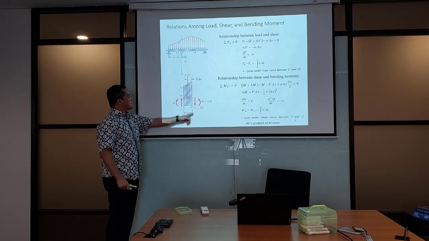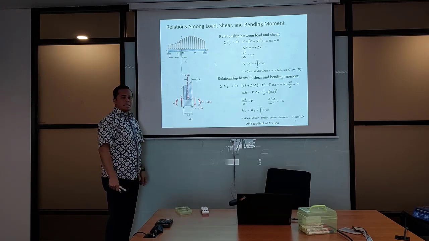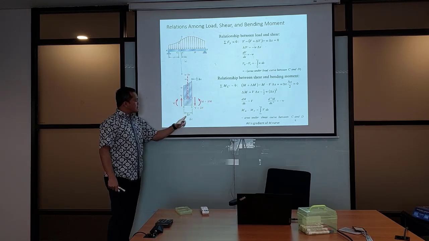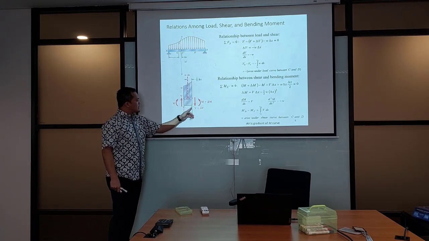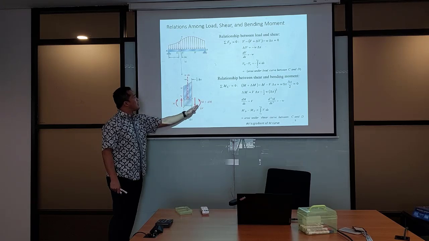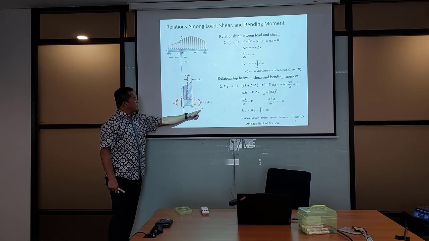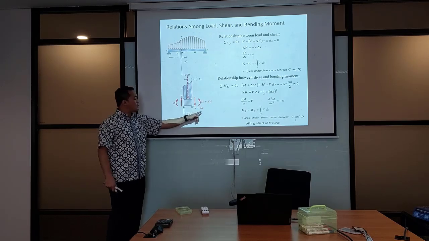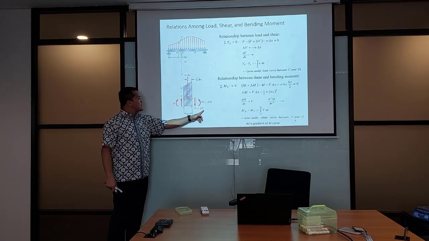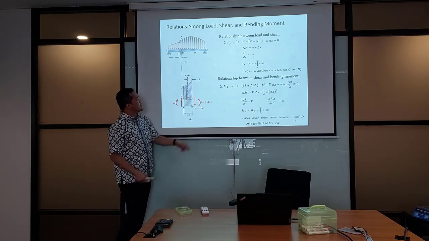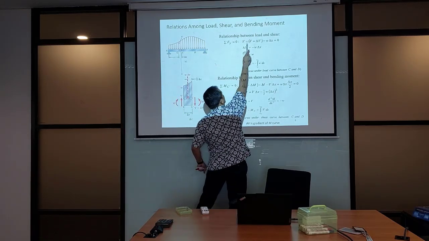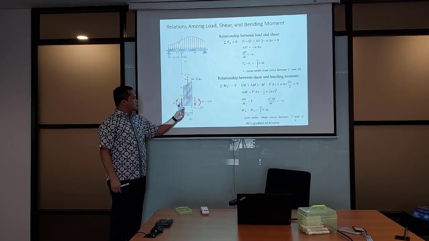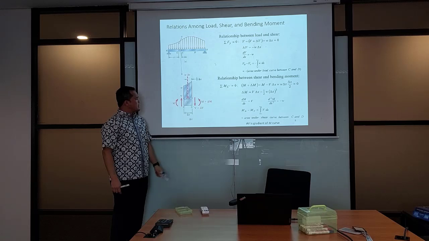And then you have another V at distance delta x. Of course, there's a difference between V and the new V, or we call it V prime. The difference is delta V. Whatever the value is, it may be different. Because this is upward and this is downward, we put a minus. V plus delta V. This is the sigma Fy.